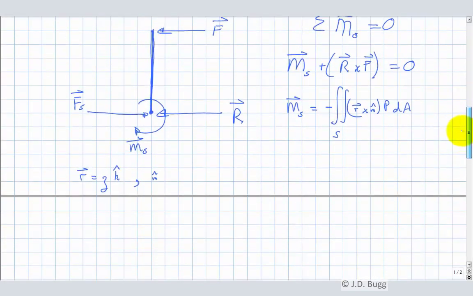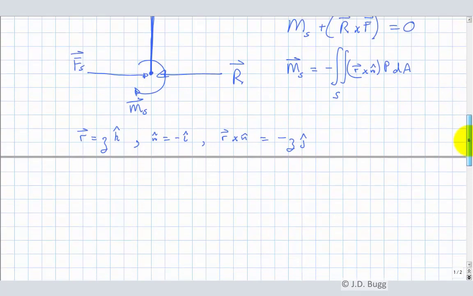So the unit normal in this case is equal to minus i hat. Next thing we can do is take that cross product. So R cross N is going to be equal to minus zj. So just taking zk crossed with minus i, we get minus zj. So notice this is what gives us the direction of our moment, the j.